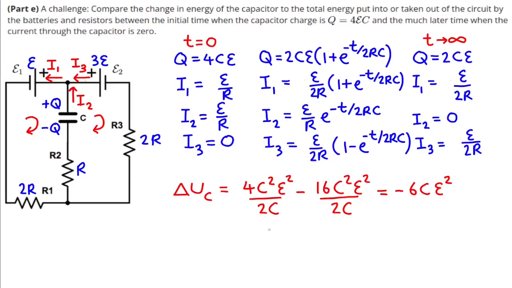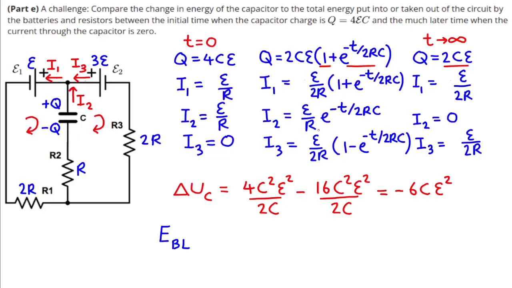Now the energy that's put in or taken out of the circuit by the batteries, so we'll start with the left battery. Note that the solution to our differential equation and the currents have a steady state term, which always exists in the circuit, and a transient term, which disappears over time.